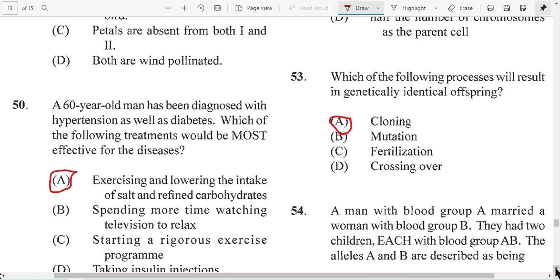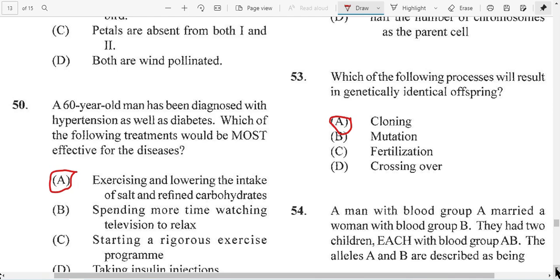For 50, a 60-year-old man has been diagnosed with hypertension as well as diabetes. Which of the following treatments would be most effective for the disease? A. Exercise and lower the intake of salt and refined carbohydrate. That's going to be your answer. A for 50.